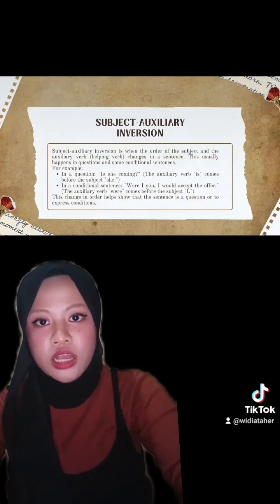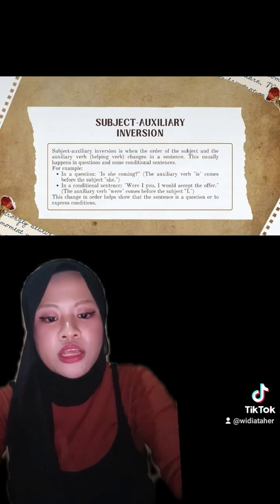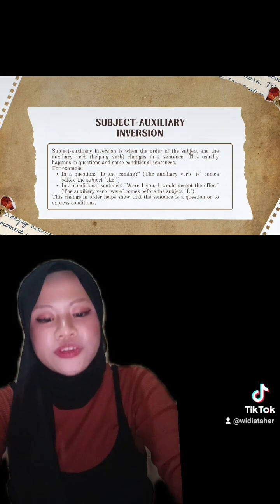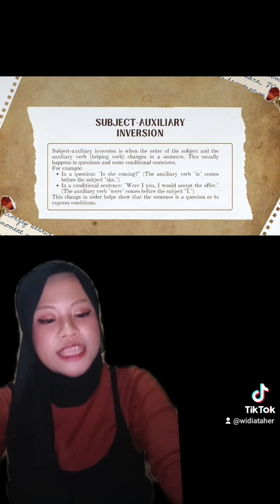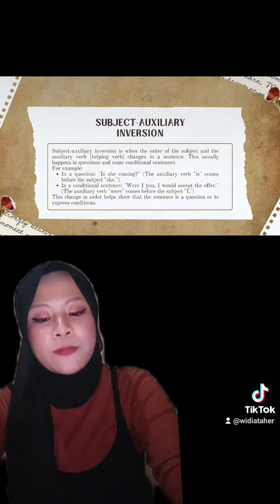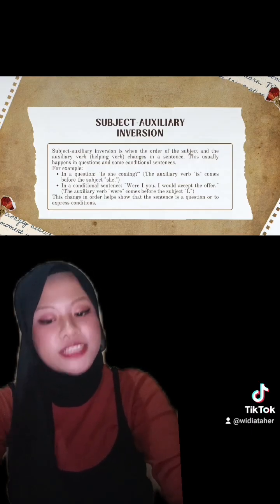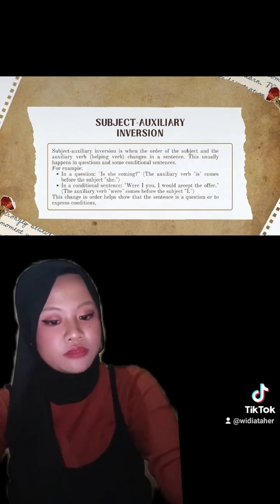inversion. Subject auxiliary inversion is when the order of the subject and the auxiliary verb, or helping verb, changes in a sentence. This usually happens in questions and some conditional sentences. For example, in a question, is she coming?